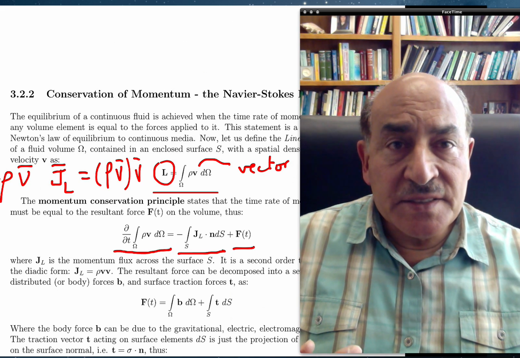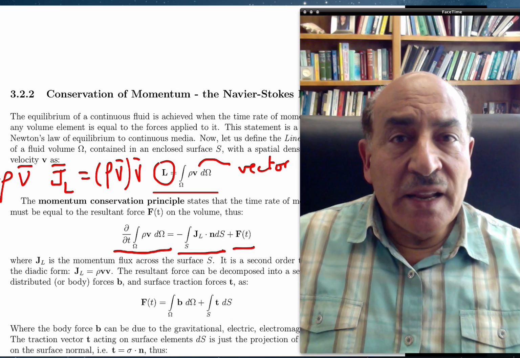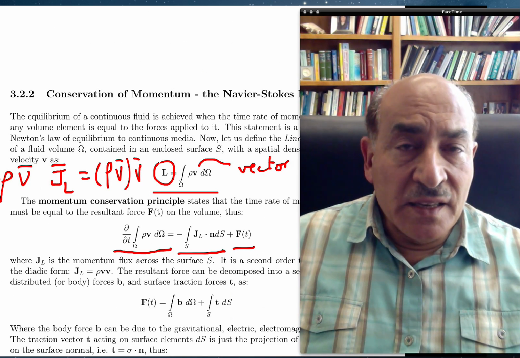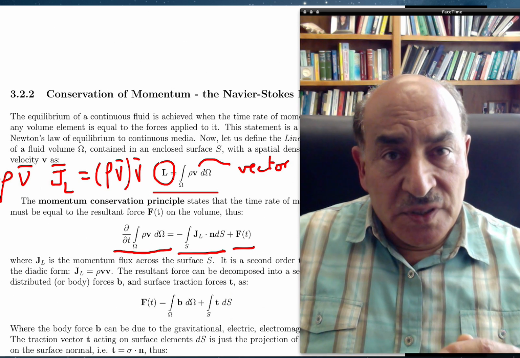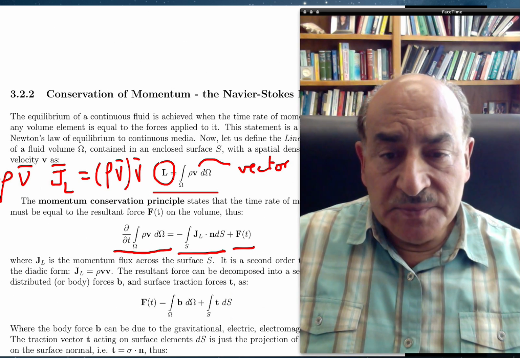So a second order tensor has 9 components, and if it's symmetric, it will have 6 components. That is unlike a vector, which has only 3 components in Cartesian space.